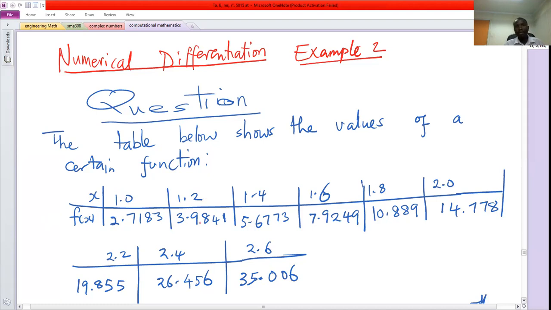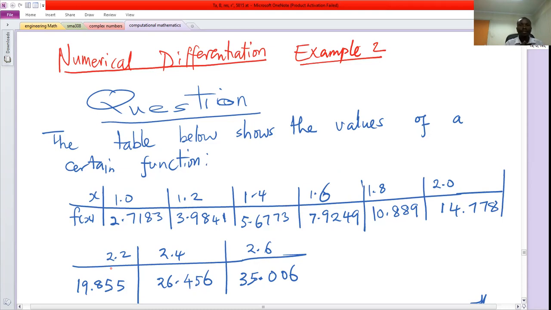1.2, 3.9841, and 1.4, 5.6773, 1.6, 7.9249, 1.8 is 10.889, and 2.0, 14.778, 2.2, 19.855, 2.4, 26.456, and 2.6.